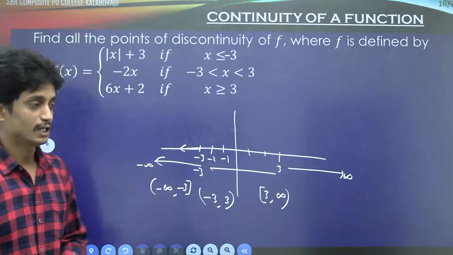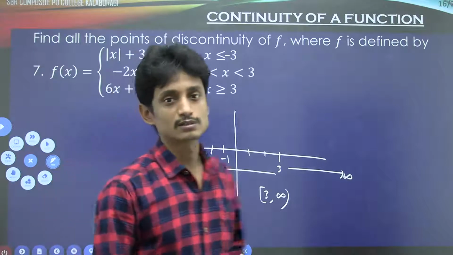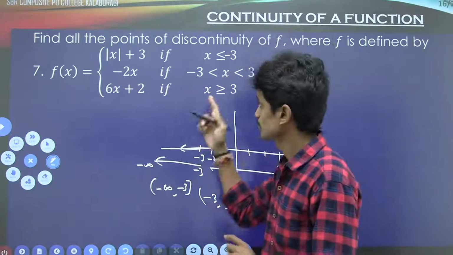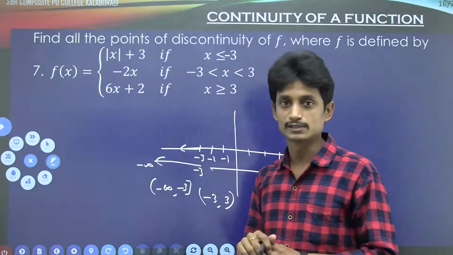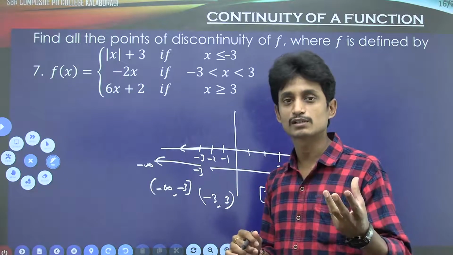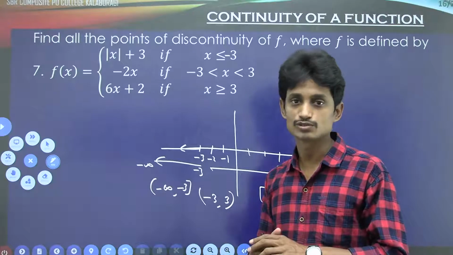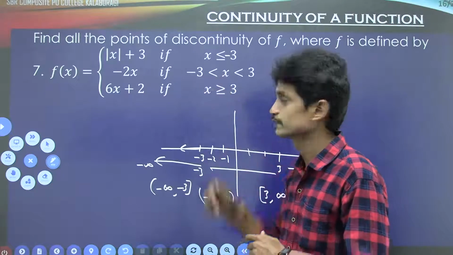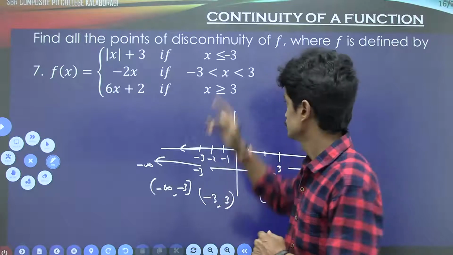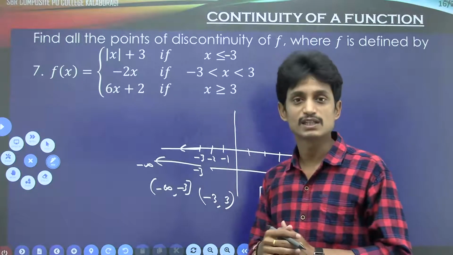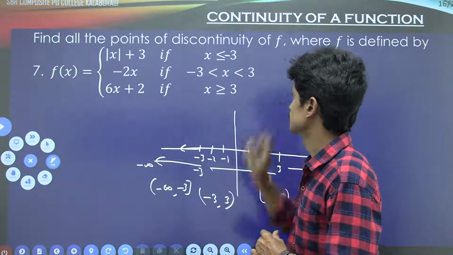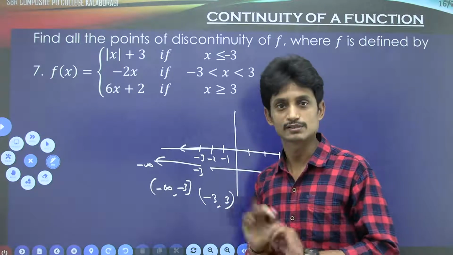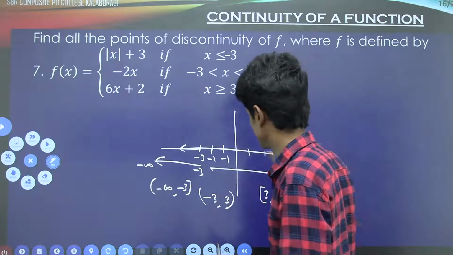Clear? In earlier questions, we checked at a particular place, but here they have not given any particular point. Since points are not given, in the real numbers set we have to check it. Those real numbers are split according to their domain: less than minus 3, minus 3 to plus 3, greater than plus 3.